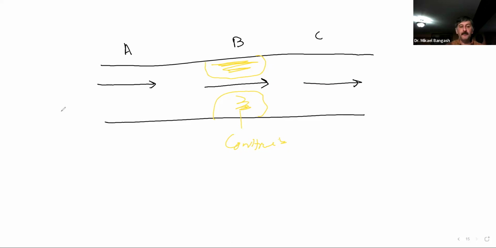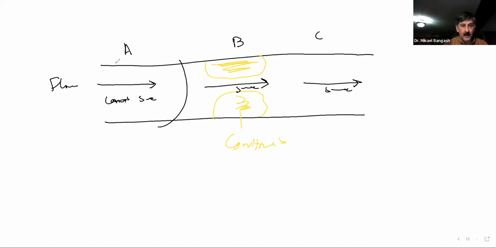Now, what do we mean by the flow to be constant? Same here, same here, same here. What would that mean? That the amount, how much? When we say how much, we really can't count, we can just measure it as the volume.